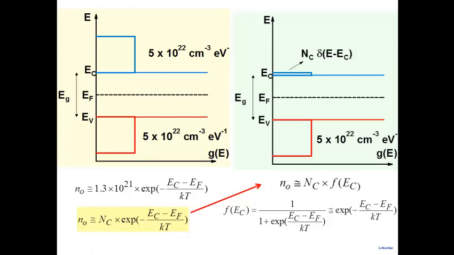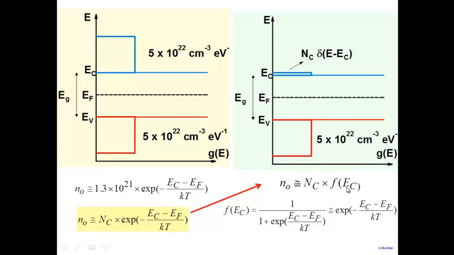So what we are saying is the following: N0 equal to NC exponent EC minus EF by KT. NC represents the effective density of states. It's as if you take all your states and imagine that they all exist at EC itself. If all those states exist at EC, how many states? NC, basically.